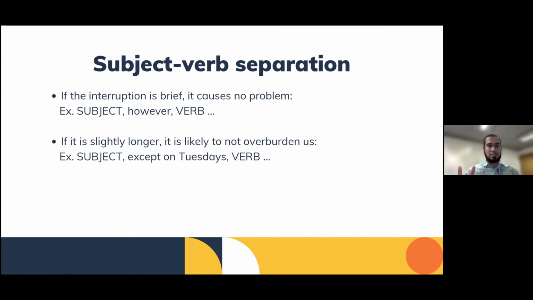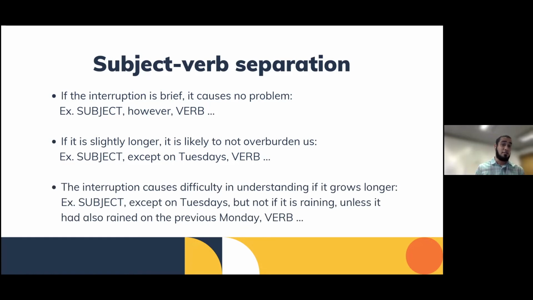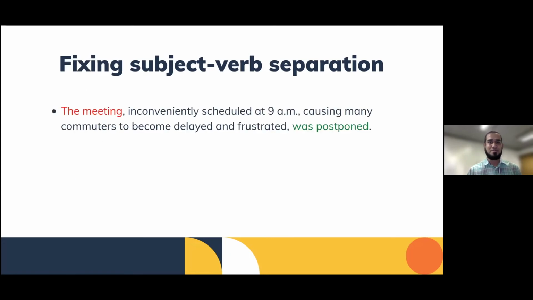Subject, and then we create an exception, like except on Tuesdays, and verb. But if the interruption grows longer and will really cause difficulty in understanding, like subject, except on Tuesdays, but not if it's raining, unless it will also rain on the previous Monday, so you tell a whole story between a subject and a verb, and your readers will be scratching their head. It's a good way to frustrate people. Put details between subject and verb, but don't do that.